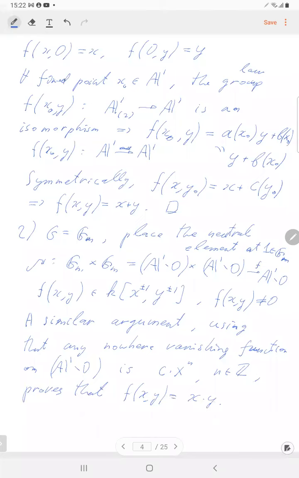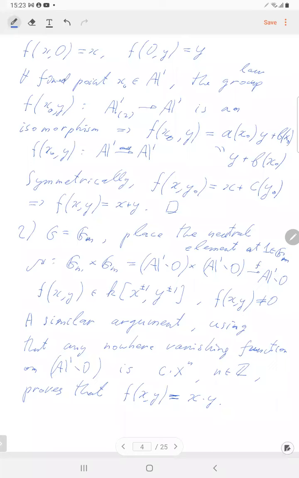Why does it have no other roots except zero? So the function f must land into the punctured line, so it must have no zeros. It cannot assume value 0 by definition.